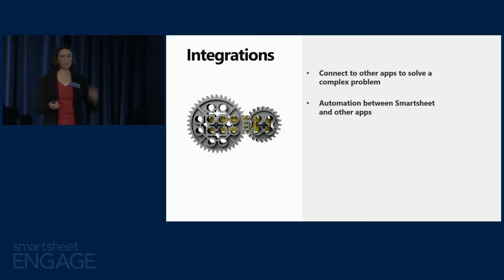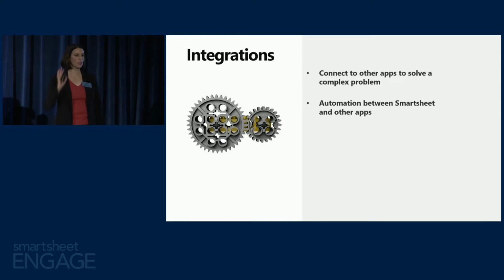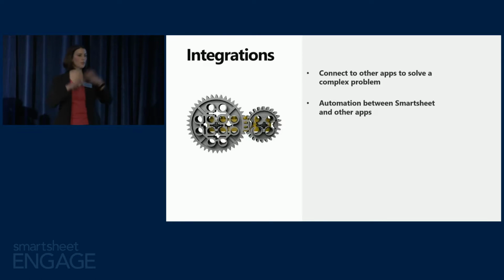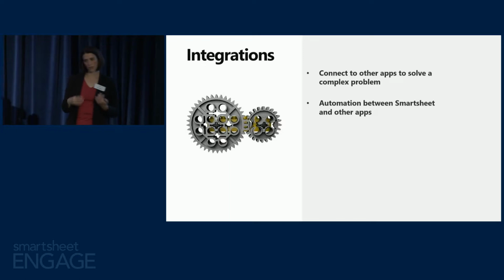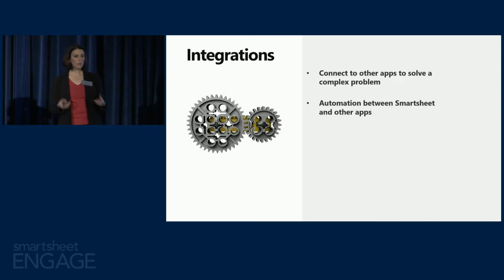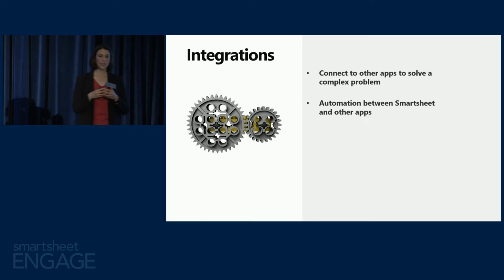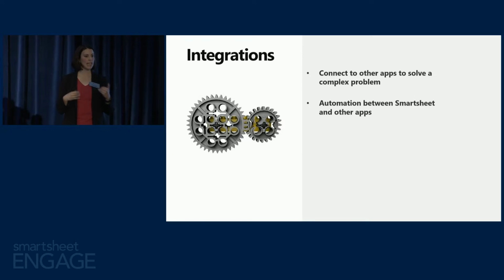Maybe we're working in Outlook, or we have Gmail, or we work in Salesforce, or Jira, or these other apps that maintain part of our process or part of our work. And it can be really painful to have to jump sometimes between those things. And so it's really important to think about, can I integrate these to talk to each other in my process? So again, I'm taking that manual piece out. And that's what integration allows me to do.